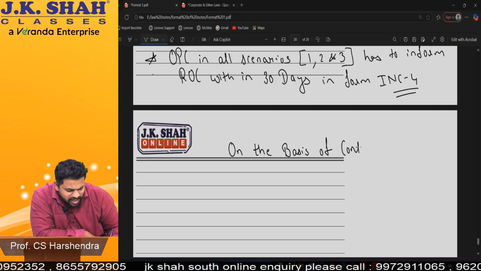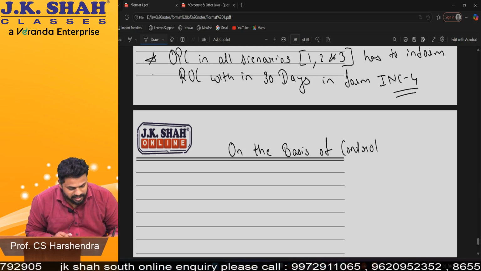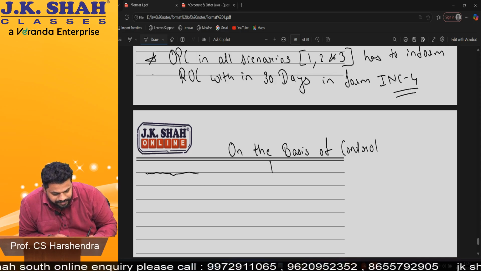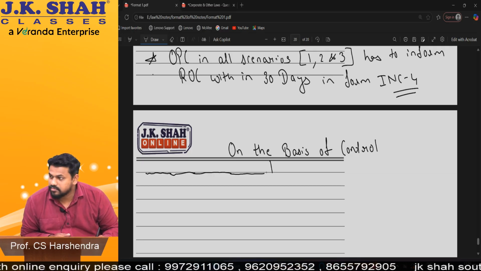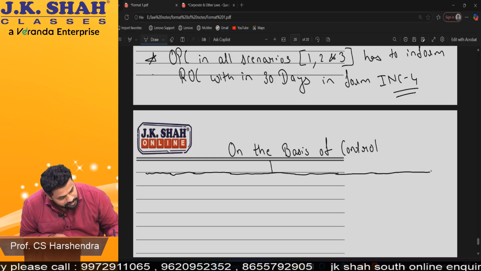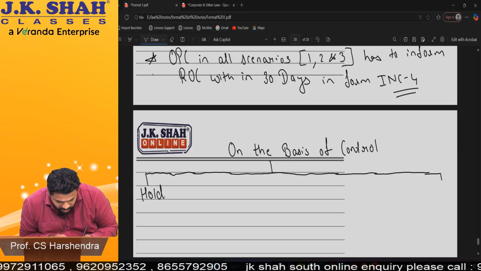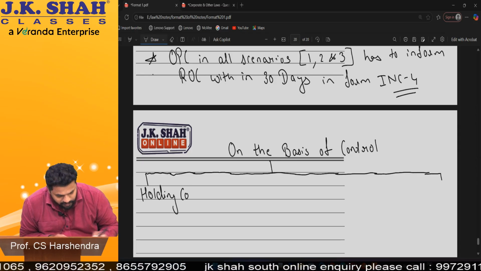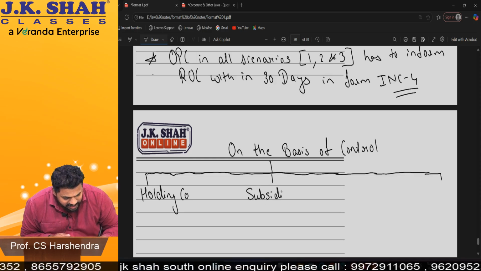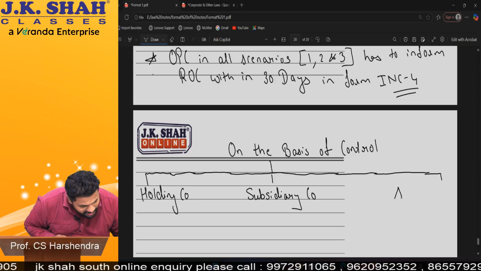One company controlling another company, on that basis. Which are the three companies here? First is holding company, second is subsidiary company, and third is associate company.